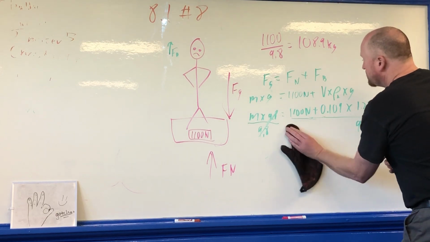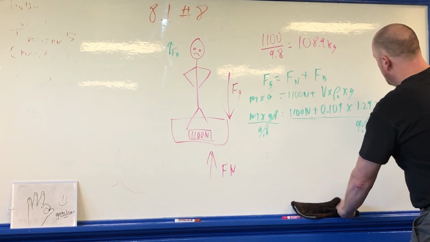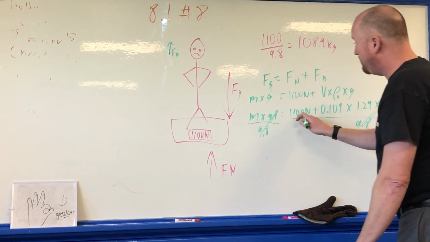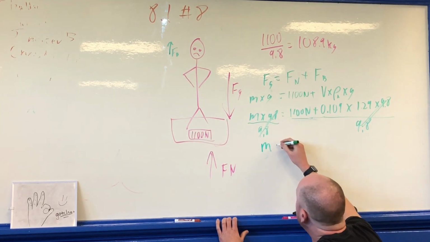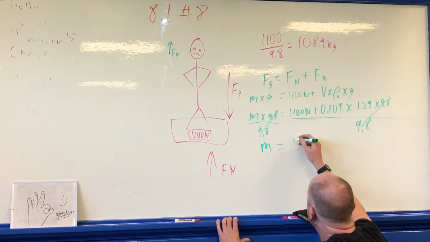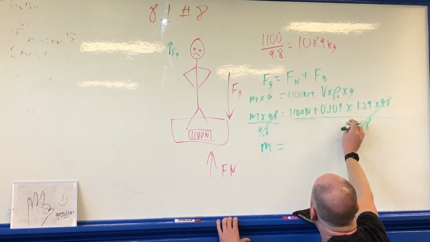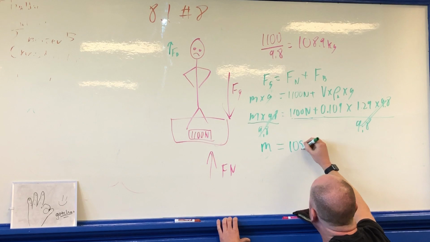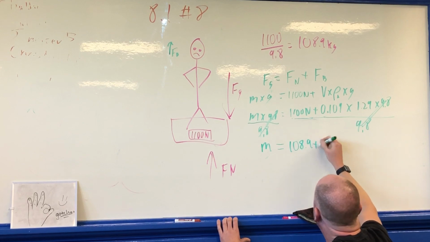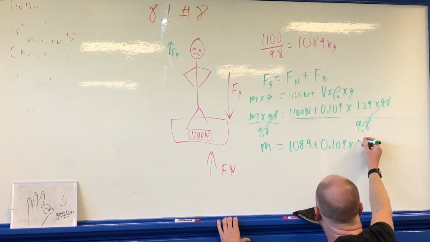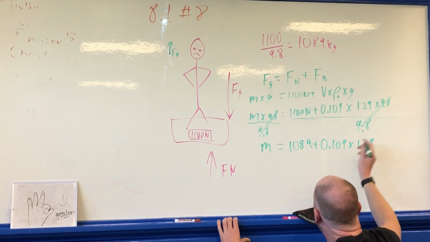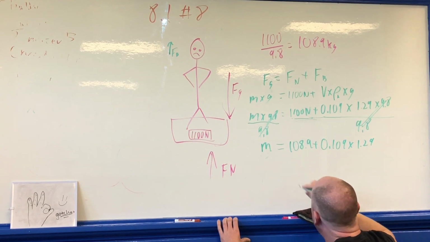Never rush, never rush. So, we got to divide this by 9.8, that's also got to be divided by 9.8. So we end up with the mass, my real mass, equal to 1,100 divided by 9.8, which is 108.9, plus 0.109 times 1.29.